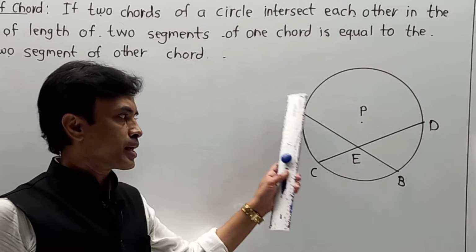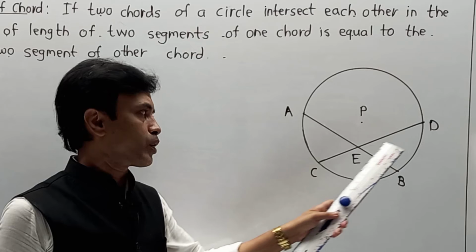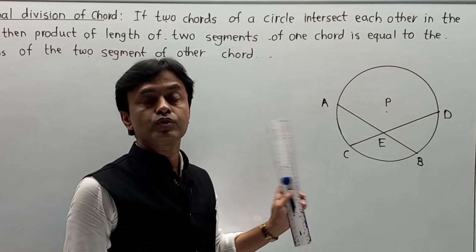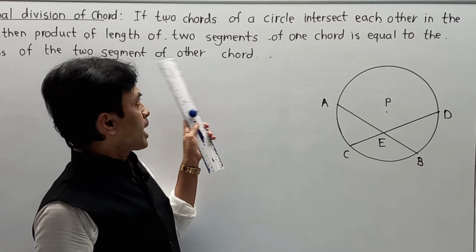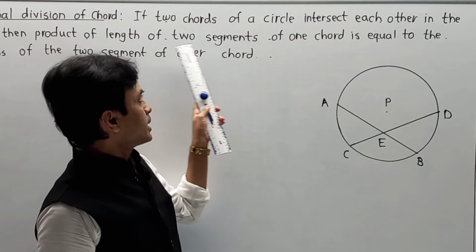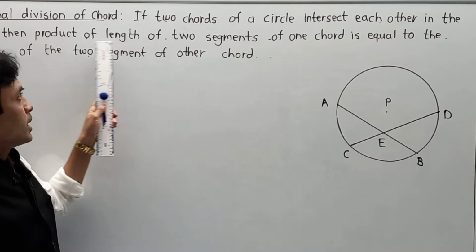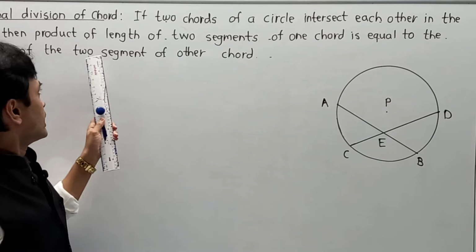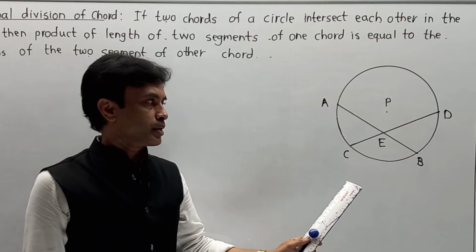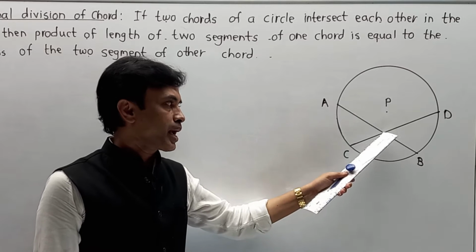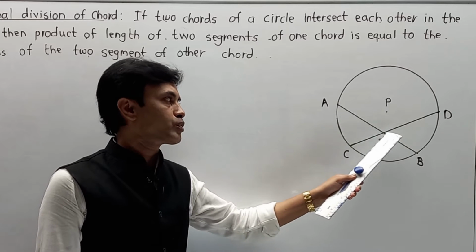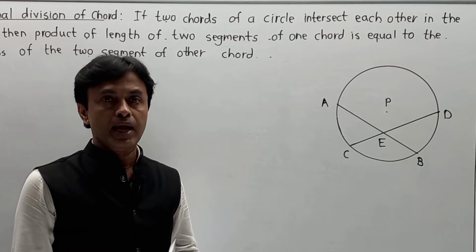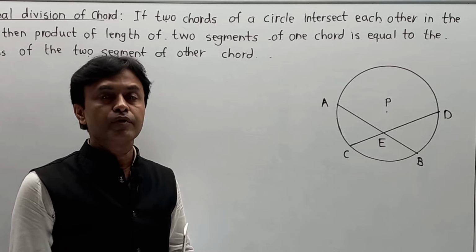Then prove that the product of the lengths of the two segments of one chord is equal to the product of the lengths of the two segments of the other chord. Means we have to prove that AE into BE is equal to CE into DE.